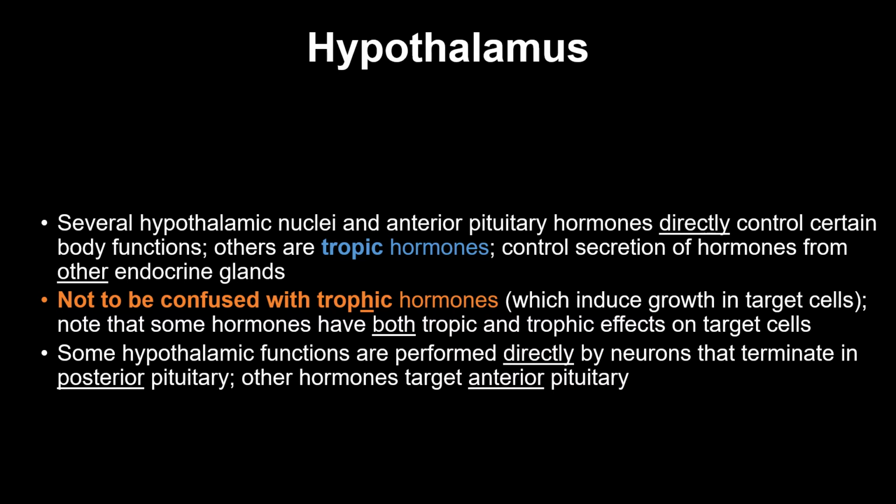Now, some of the functions of the hypothalamus are performed directly by hypothalamic neurons, whereas others are accomplished by hormones targeted to the anterior pituitary gland. In this section, we're going to examine this relationship by discussing the cells, hormones, and target tissues of the hypothalamus and the anterior and posterior pituitary glands. We're going to look at these a lot as we move through this chapter, so it is important to explore their role in regulating other endocrine organs.